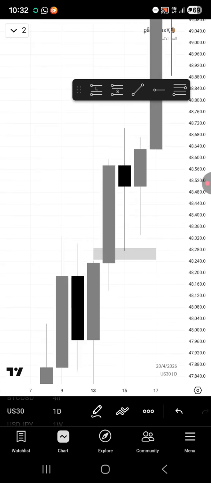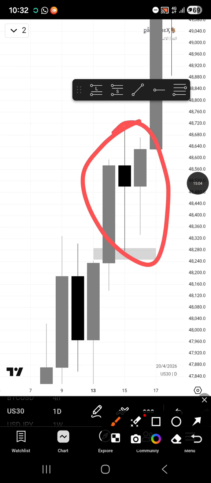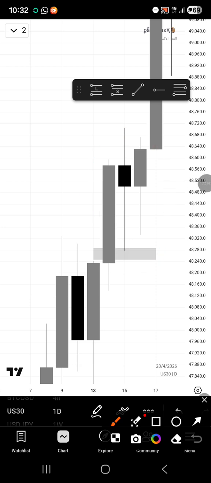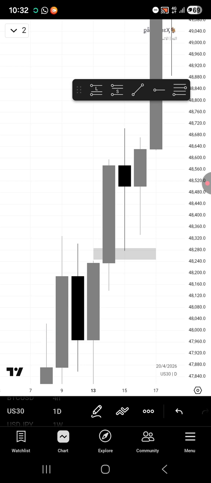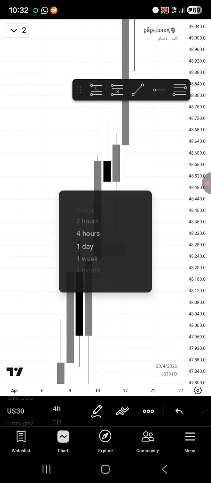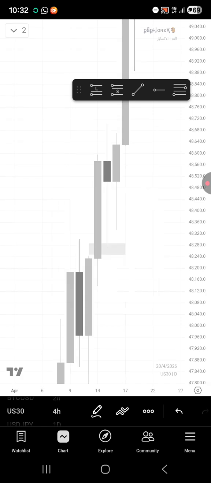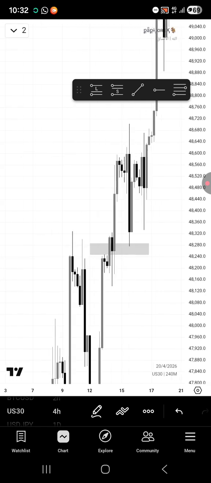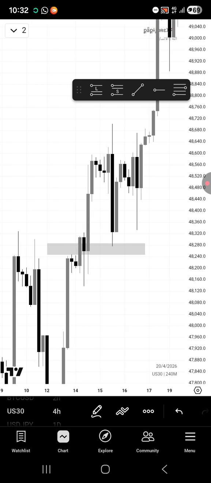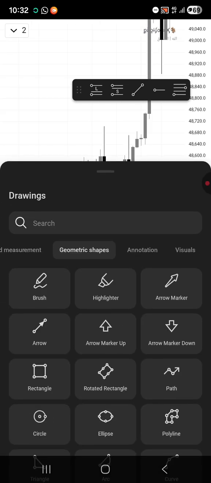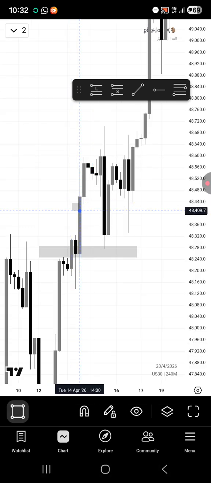So now you can see that this is a respecting candle. You understand? Immediate rebalance happening here. So what I did last week was I went to my lower time frame to look for an entry. I saw that price was already reacting at this fair value gap here.